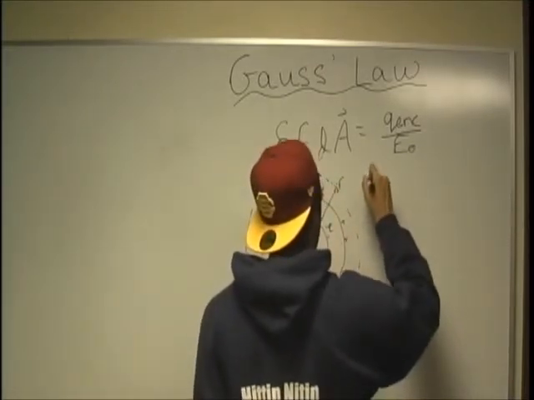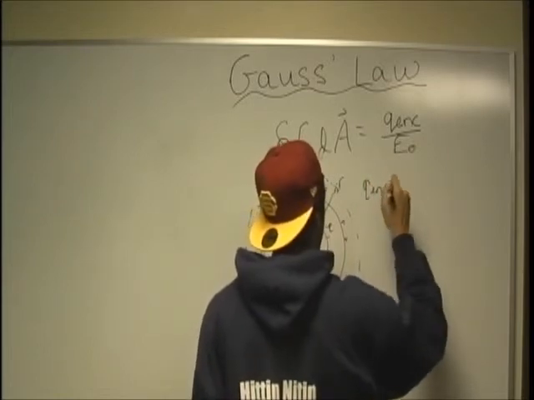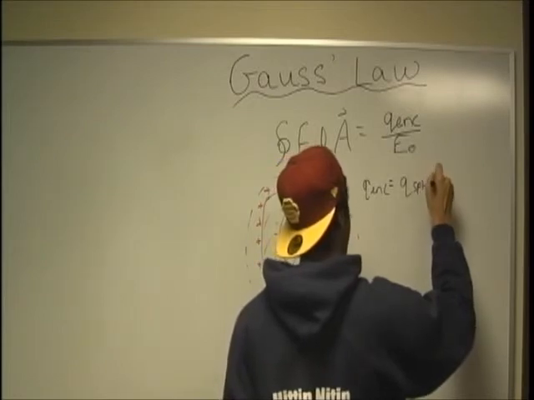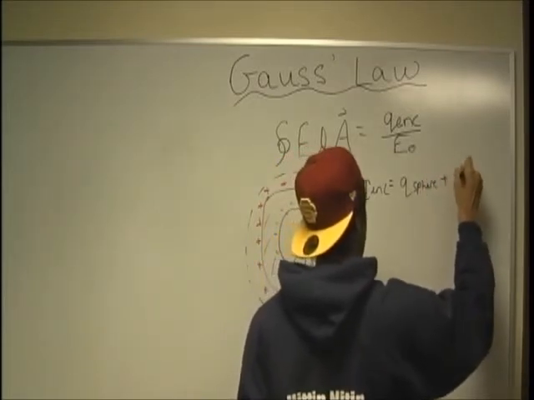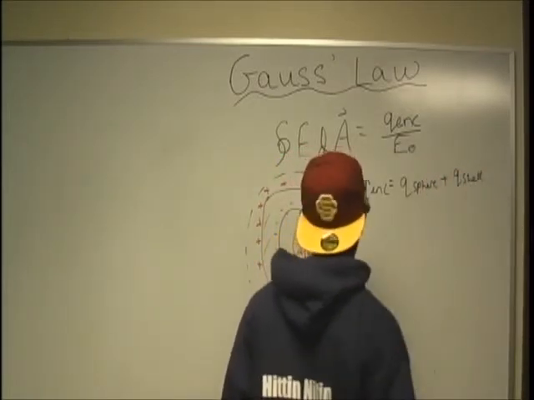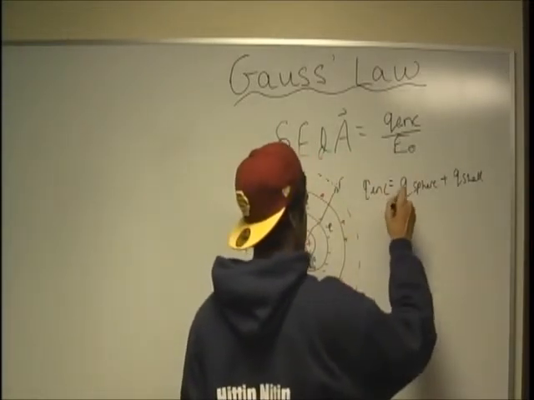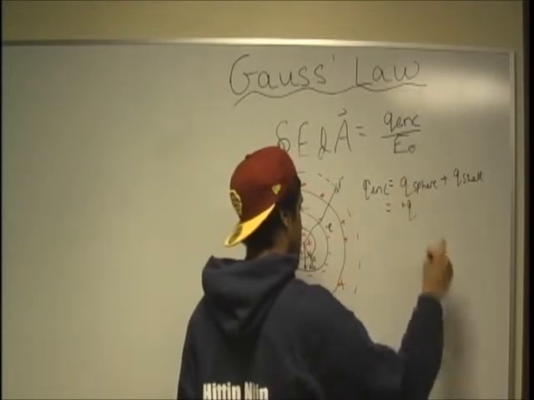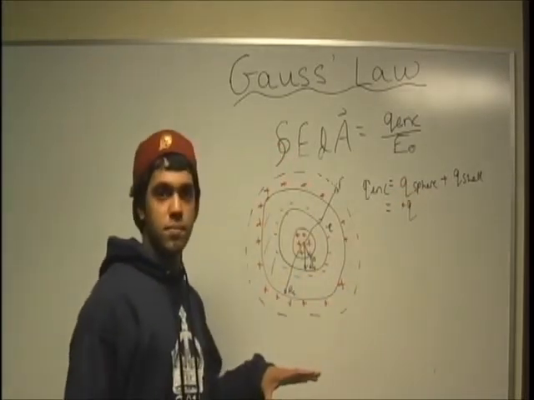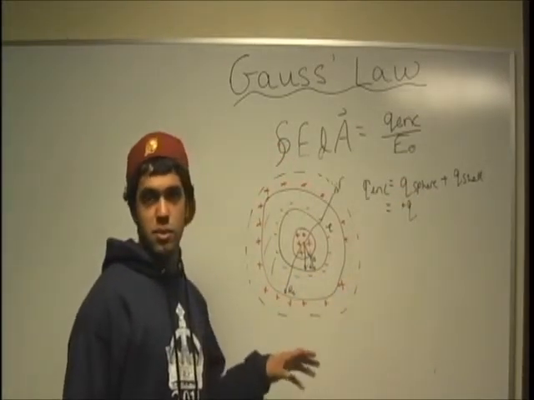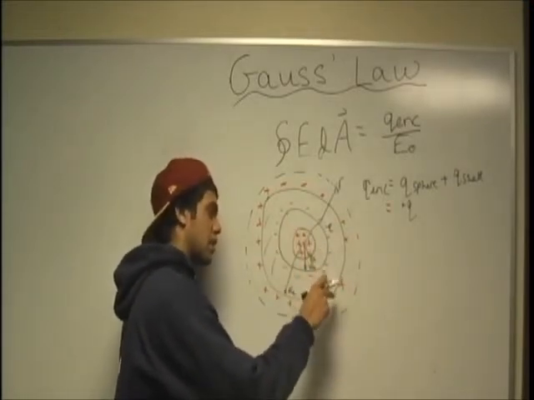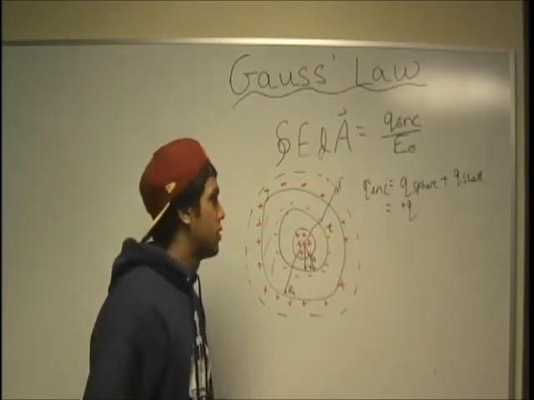So Q enclosed equals the Q of the sphere plus the Q of the shell. And the Q of the sphere, as you can guess, is Q. Awesome. And looking at the shell, the net charge is going to be 0 because negative on the inside equal to this, and this positive on the outside equal to this, so plus 0.